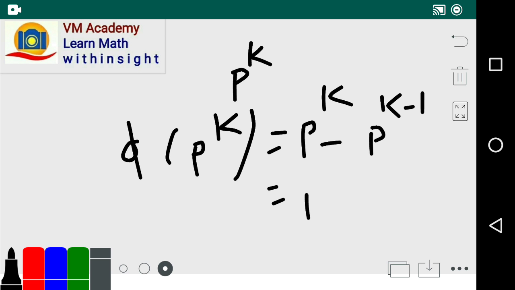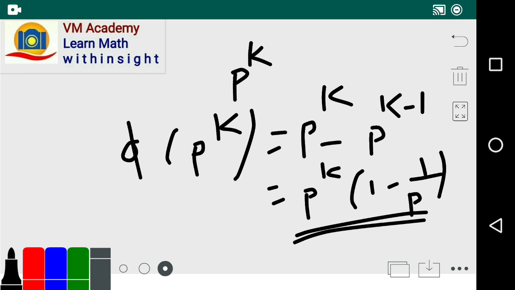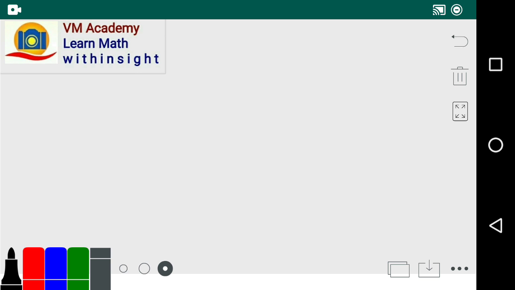We can take p raised to k out of the bracket, giving 1 minus 1 divided by p. So p raised to k into 1 minus 1 divided by p. This is the result. Now we are going to take one more.